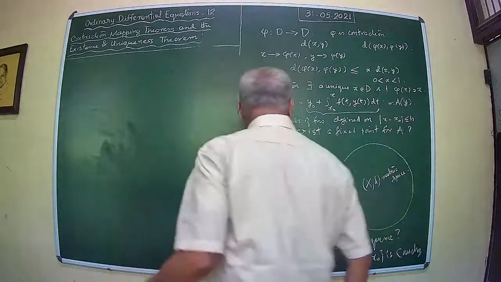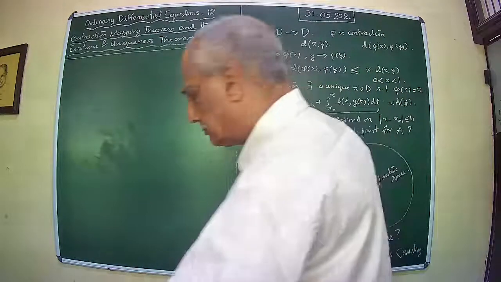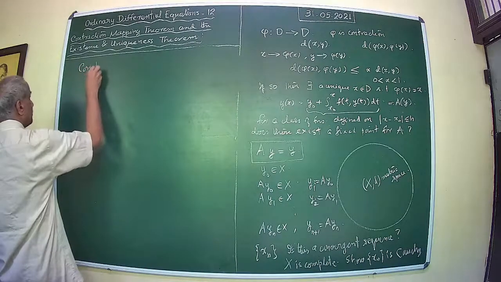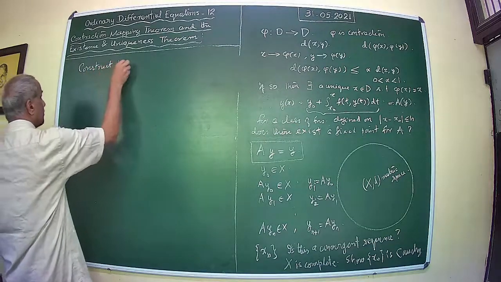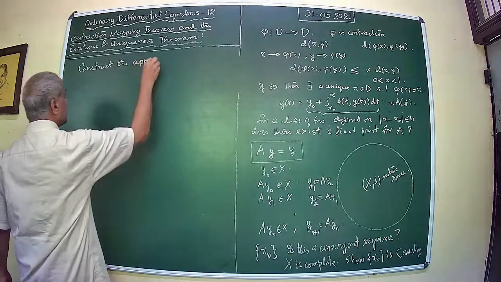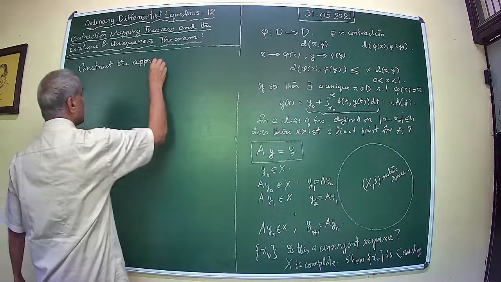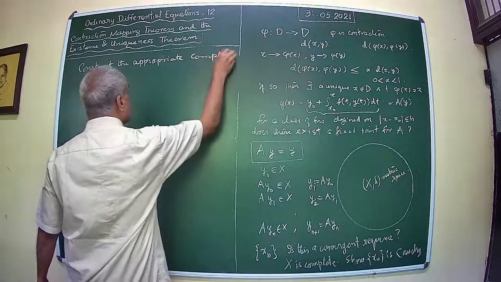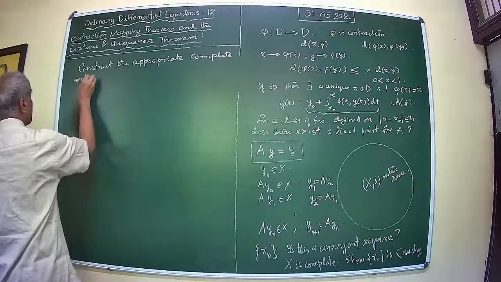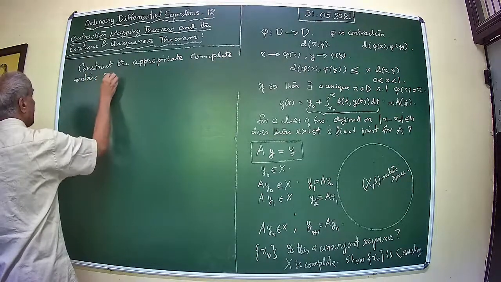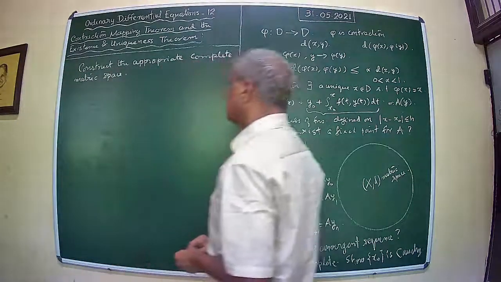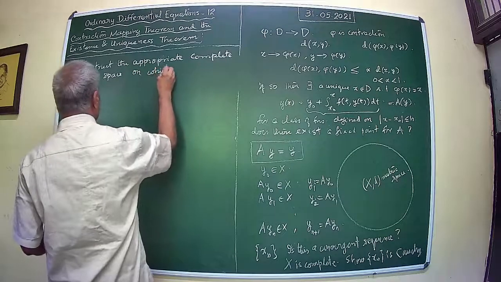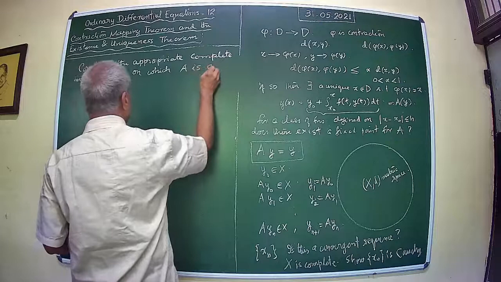So the procedure is this: you construct the appropriate complete metric space on which A is a contraction map.